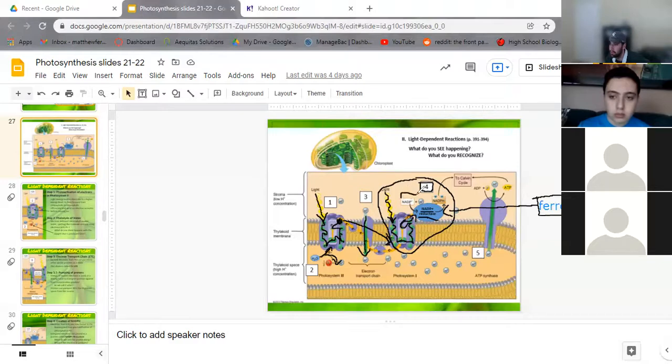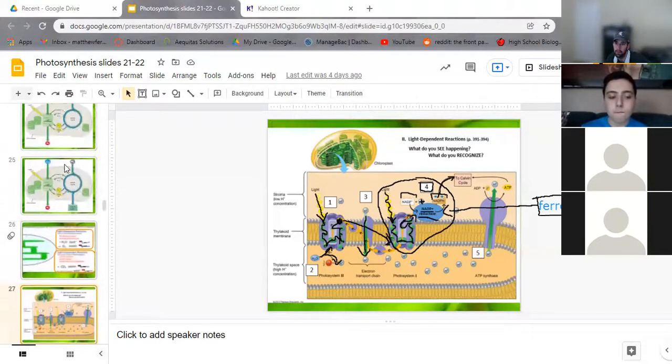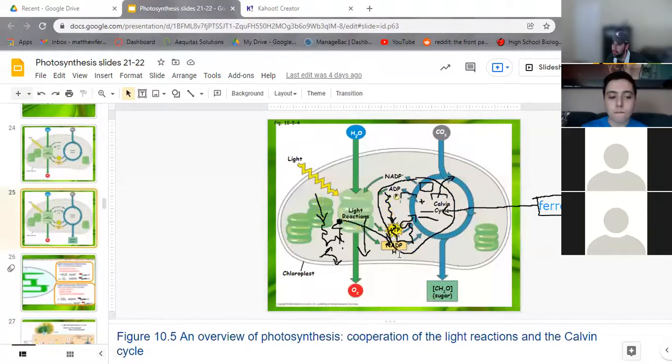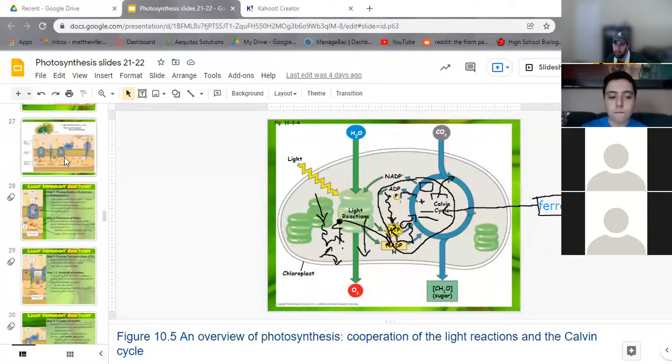If we look in NADP plus, its little electron holders are empty, and in NADPH, they're full. And of course, we have the proton here. So step 4 is the reduction of NADP plus into NADPH. This is the NADPH that we see entering the Calvin cycle. If we go back a couple of slides, the NADPH down below is this NADPH.